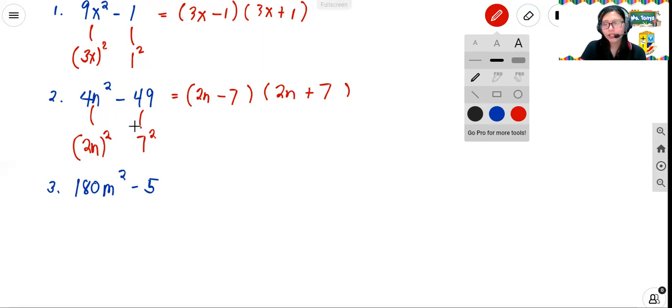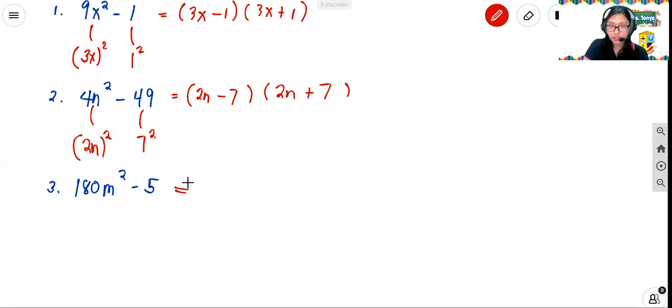But if we look at 180n squared and 5, they have a common factor, and that is 5. So what I can do is first factor out 5. Okay? Common monomial factoring is really useful in simplifying a certain expression. So let's factor out 5.